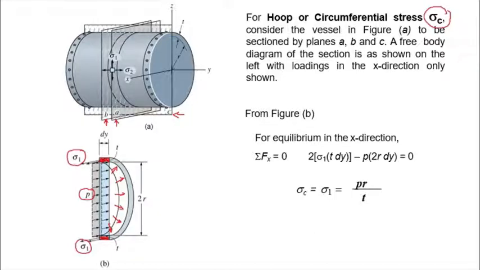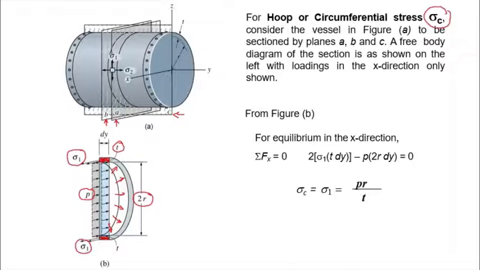Inside we have P. Now the diameter is given as 2r, or 2 times the radius. That's the internal radius or internal diameter, and the thickness of the wall is t, right?